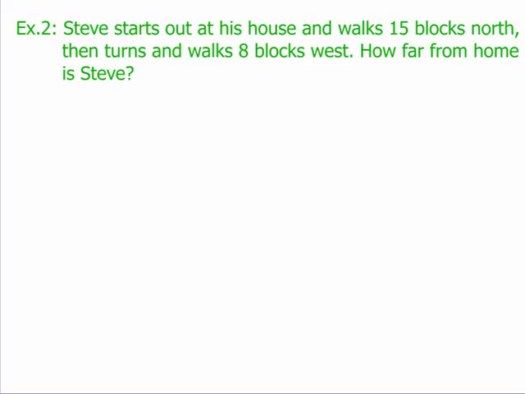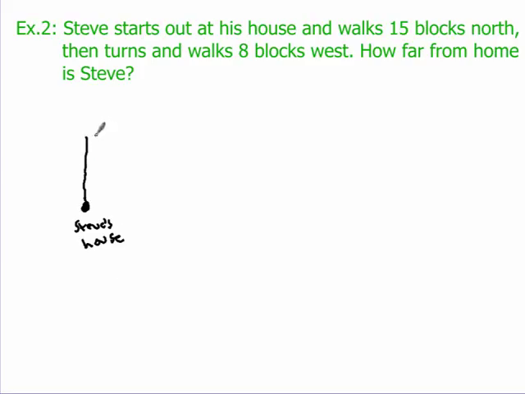It says Steve starts out at his house and walks 15 blocks north, then turns and walks 8 blocks west. How far from home is Steve? Well, let's think about this. If I call this point right here Steve's house, it says that he goes 15 blocks north, so let's draw a line up.